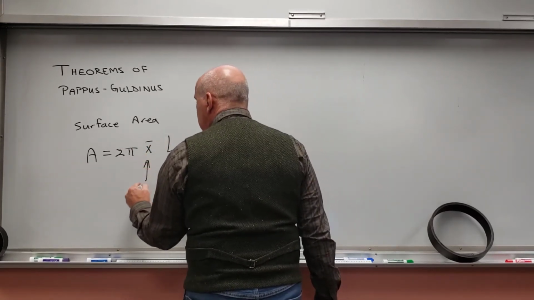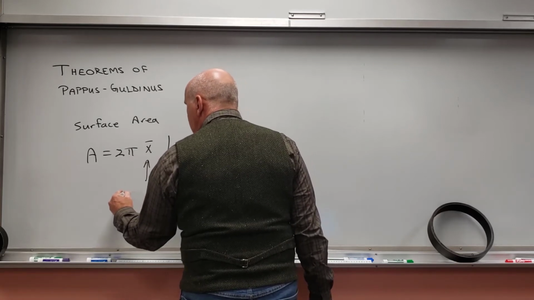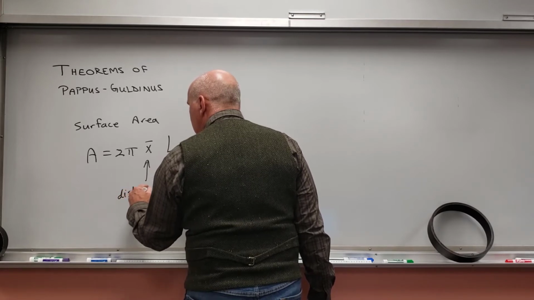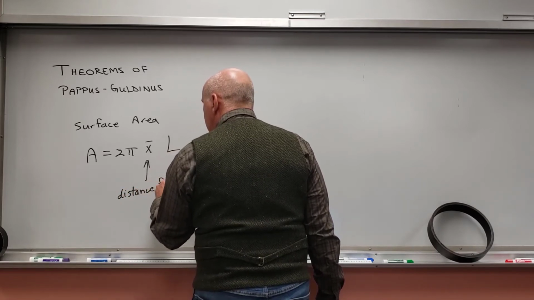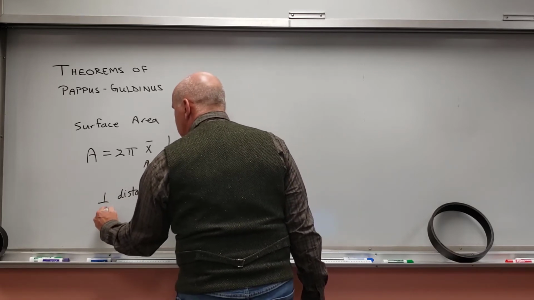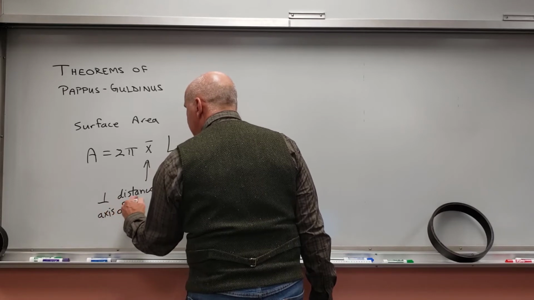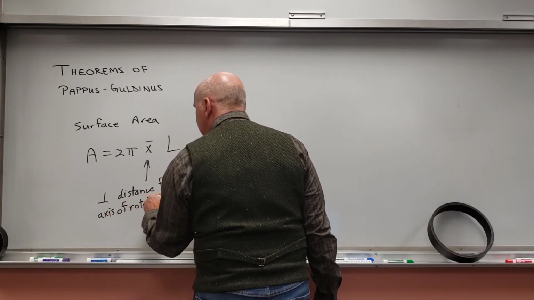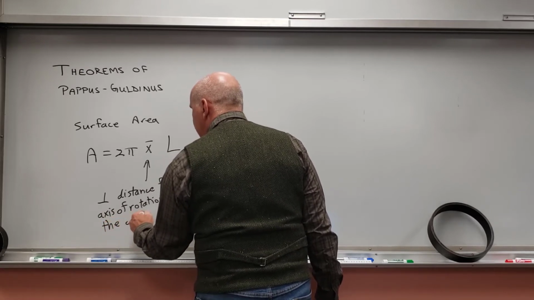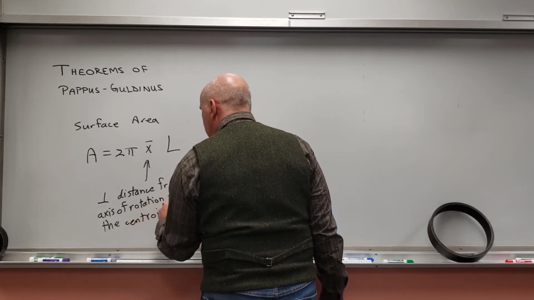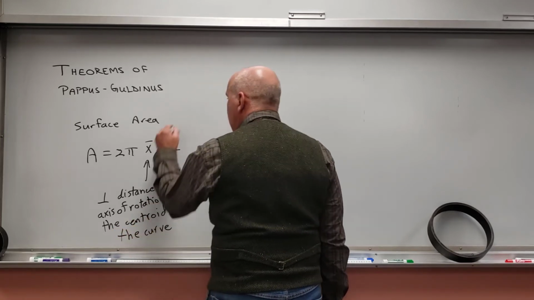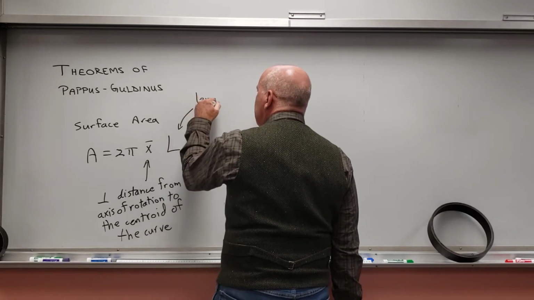Here x bar is the perpendicular distance from the axis of rotation to the centroid of the curve, and the other factor is the length of the curve.